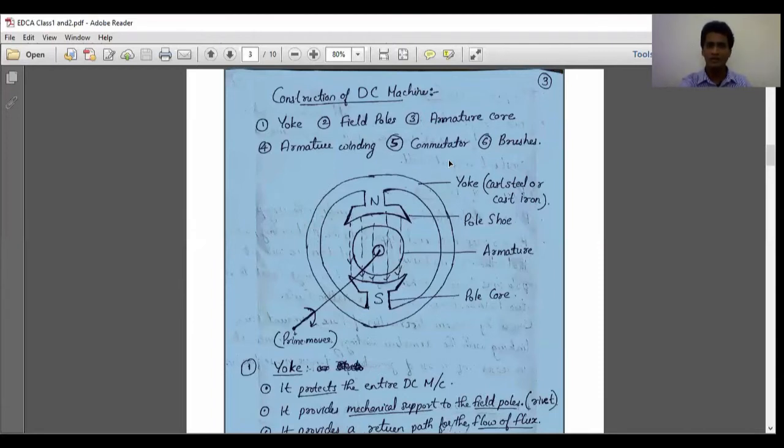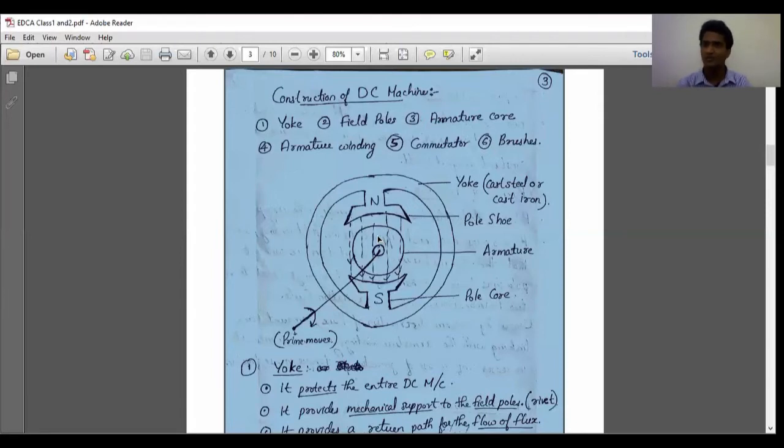And is a prime mover required for DC motor? It's just a generalized figure, but this is applicable only for generator, in which we are rotating the armature. But in case of DC motor, what do we have to connect here? When a current carrying conductor is placed in a magnetic field, it experiences a force and the armature starts rotating. That means it's a DC motor. If the armature is rotating, is that enough?